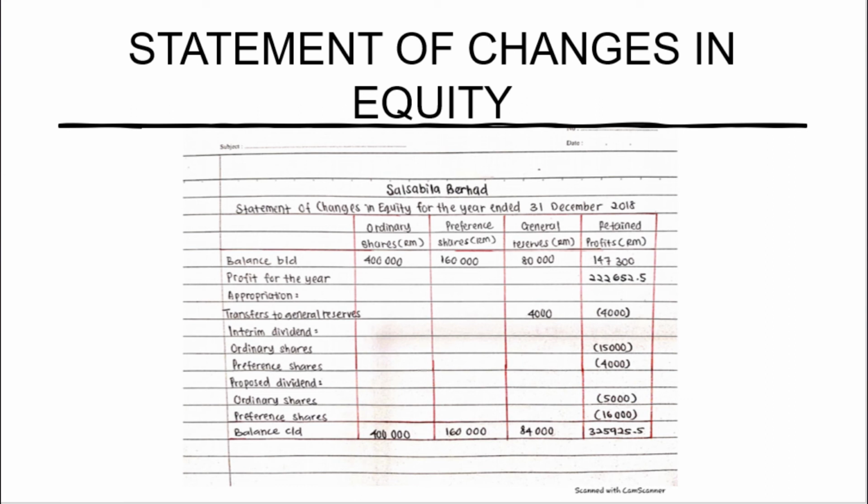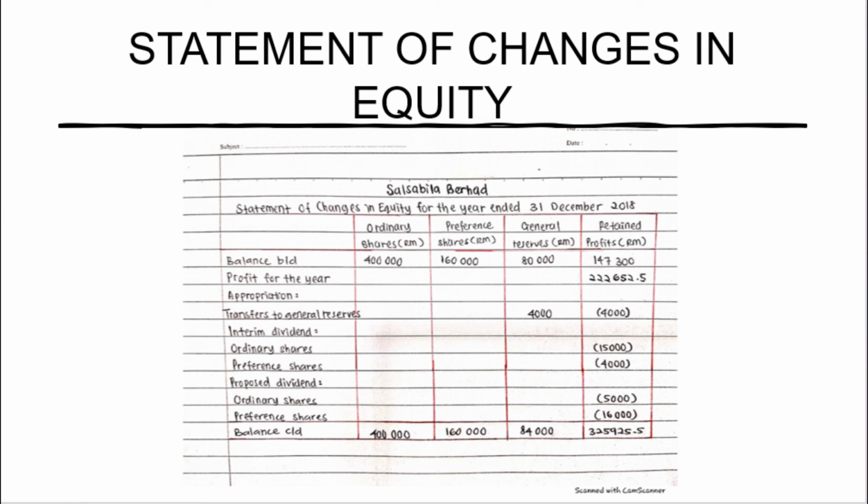And lastly, total of balance CD for ordinary share is 400,000 ringgit, preference share is 160,000 ringgit. To get total balance CD of general reserve, balance BD plus transfer to general reserve, and we get 84,000 ringgit.